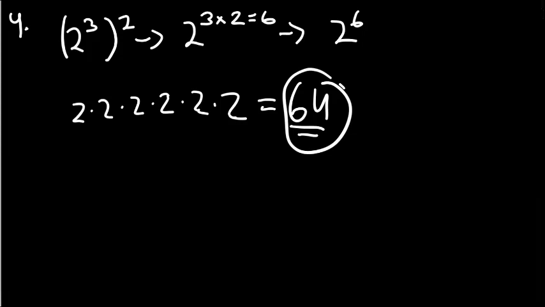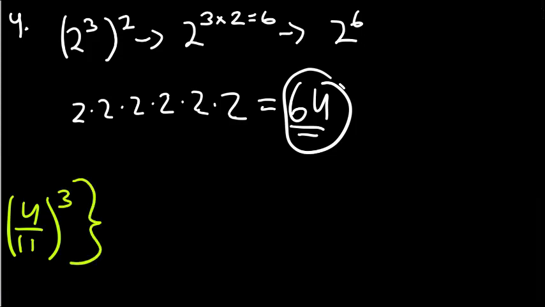Now we can also work this out with fractions the same way. So say we had a question like 4 over 11, and we have parentheses here, and we have 2 to the power of 3 again, and we're going to use some curly brackets since we already used parentheses right here, and we have here 4.